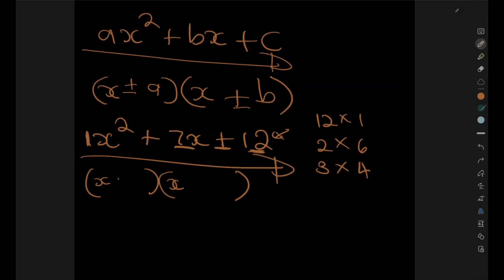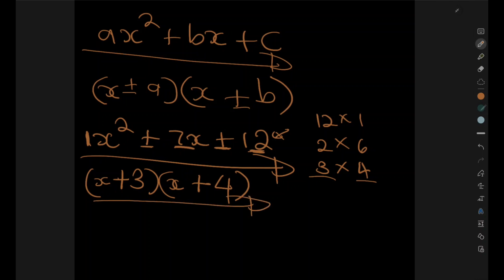So in this case, the sign in front of the 12 tells us that the two signs have to be the same, and the plus tells us that those signs are a plus. So here we're going to say plus, plus, and if the signs are the same, we don't have to worry about the order of where we put the 3 and the 4. We can just put it anywhere. And if we put 3 and 4, we have our fully factorized expression.